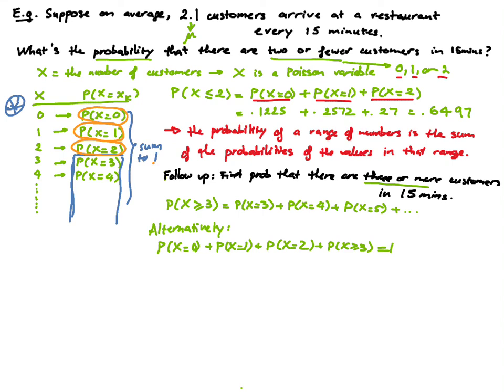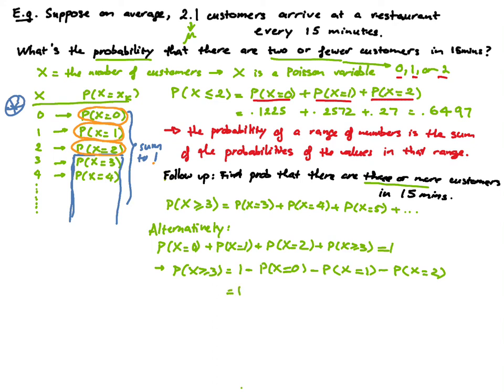And so to find the probability that x is greater than or equal to 3, we take 1 minus the probability that x is 0 minus the probability that x is 1 minus the probability that x is 2. Okay? Essentially what I did was I subtracted those numbers from both sides of the equation. Right?